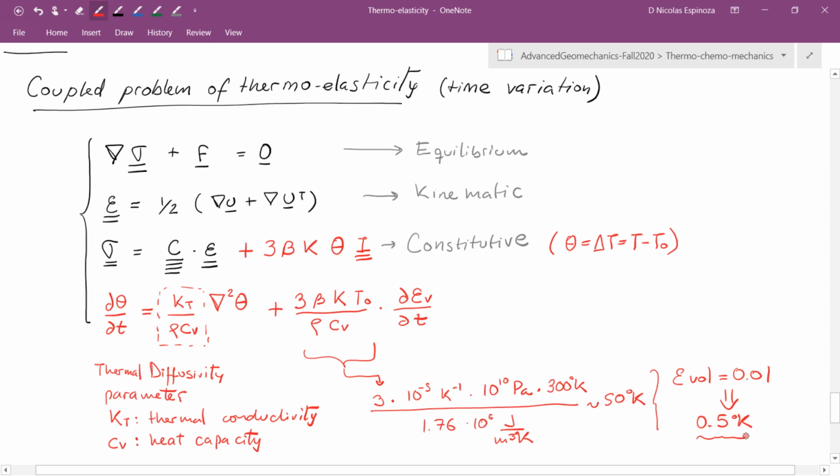So 0.5 degrees Kelvin is about 1 degree Fahrenheit, or it's the same as 0.5 degrees centigrade.